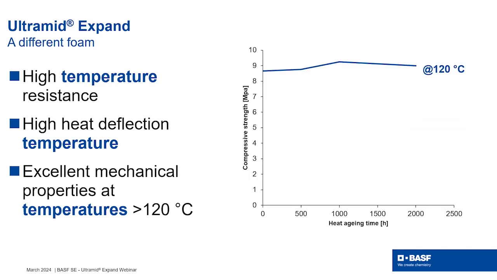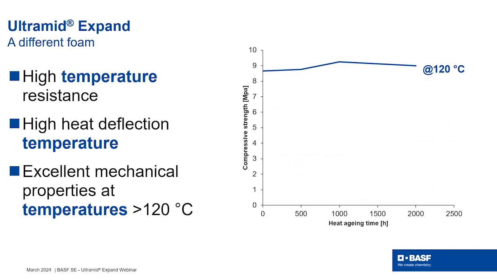Not only the mechanical stiffness of Ultramid Expand at high temperature is remarkable, also the so-called heat aging performance of Ultramid Expand. Ultramid Expand consists of a special polyamide formulation which is stabilized against thermo-oxidative degradation.